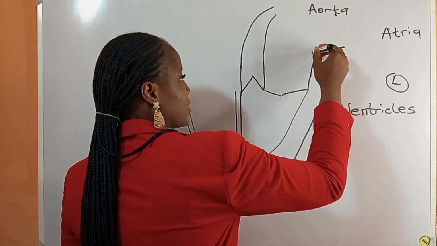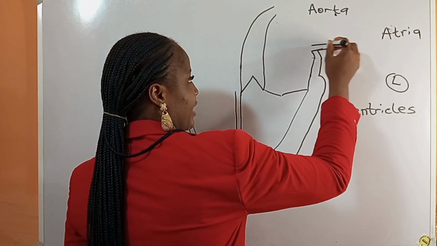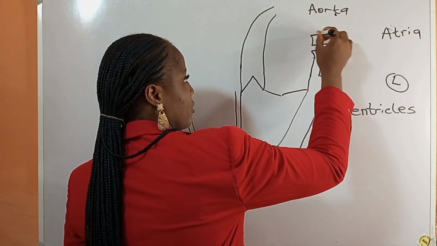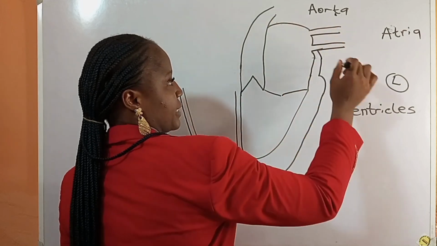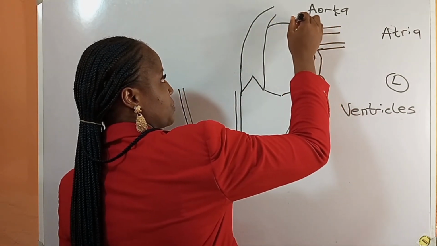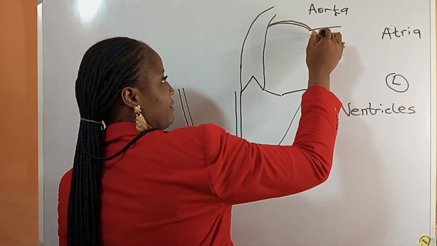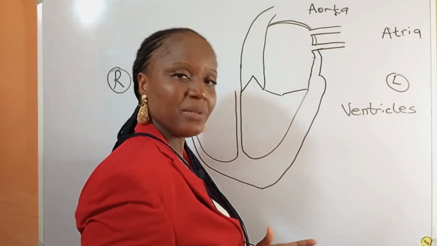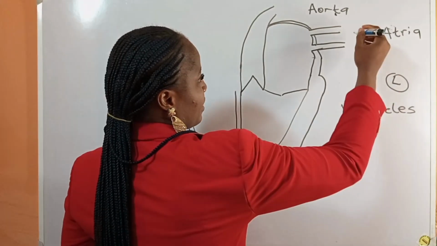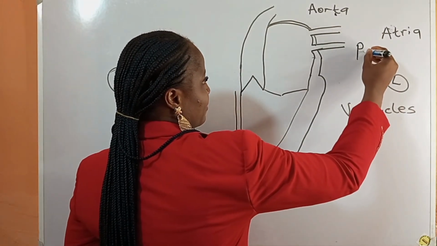So this is the first vein draining, and then the second vein draining, and they all meet at those points. Those veins are called the pulmonary veins.